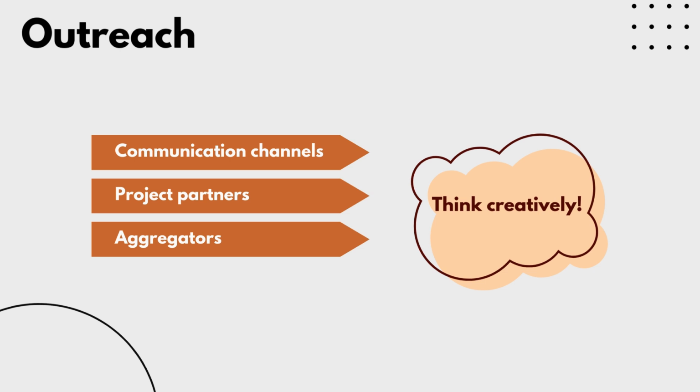If this is going to be publicly available for an organization or institution, what are the communication channels you're going to use to get the word out about this particular collection? Social media, press releases, newsletters, emails, that kind of thing. And what kinds of project partners might be interested in the collection, and how can you think creatively about who those project partners could be or who might be interested?